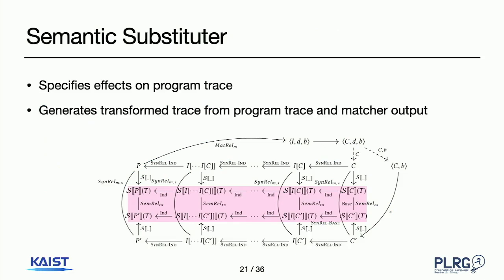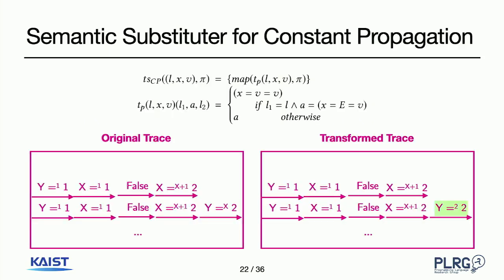The semantic substitutor, on the other side, specifies the effect on the program trace. Regardless of the syntax, it generates the transformed trace from the program trace of the original program and the matcher output. The semantic substitutor for constant propagation is defined as follows. It replaces only the action which passes the matched label, and it changes only the expression part of that action to a constant expression.